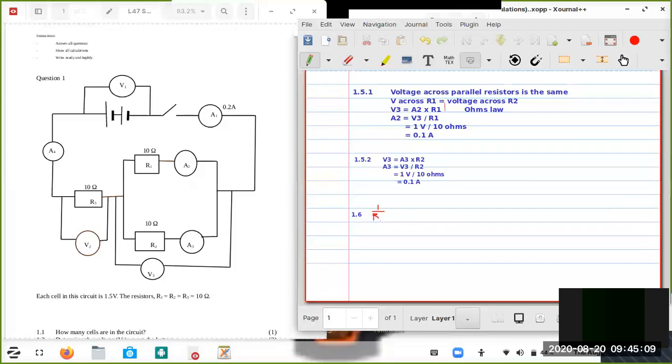This is the formula which was derived by Ohm's law. The T there represents total resistance. This will be equal to 1 over R1 plus 1 over the second resistor, the two resistors which are parallel to each other. So we add the reciprocals.